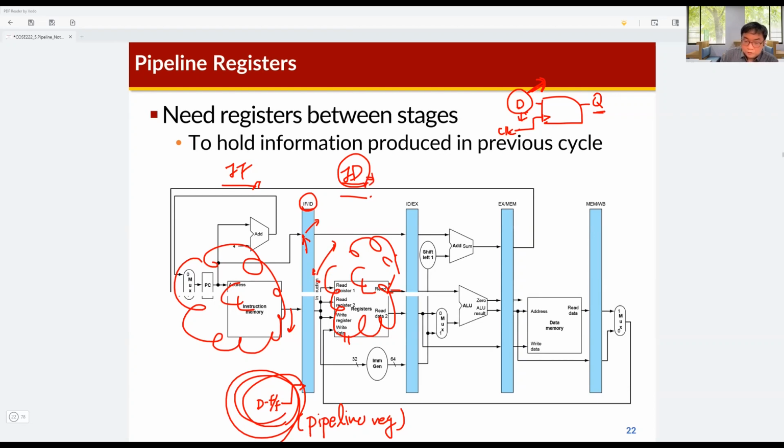So output data is generated, and then this output data of the ID step is also sampled by this pipeline register. Actually, the flip-flop.